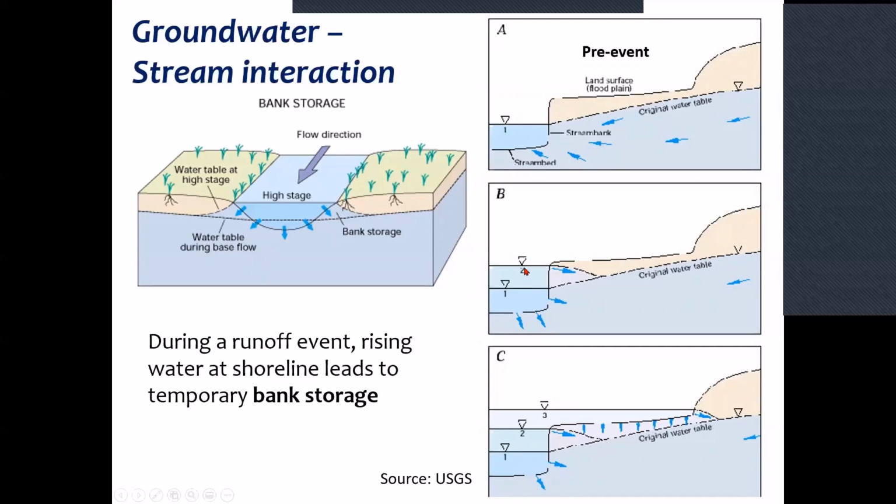And now suddenly the water level in the creek is higher than the local water table in the ground. And so now we see a reversal. Now we're seeing water loss from the creek into the ground. So the flow lines are now reversed. And while that happens, we see this ridging in the groundwater adjacent to the bank. And so this is what's known as bank storage.